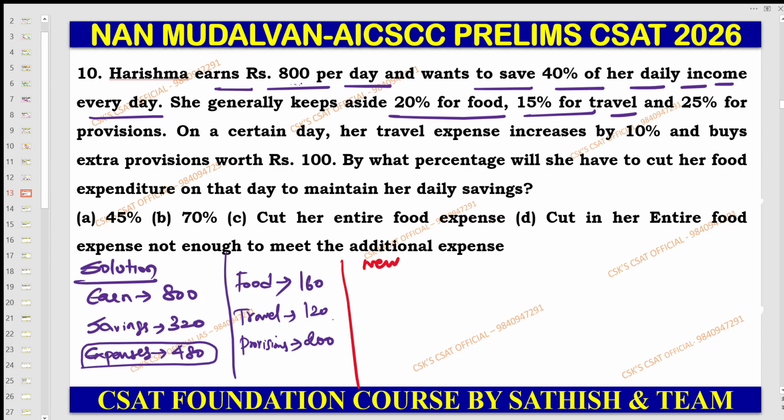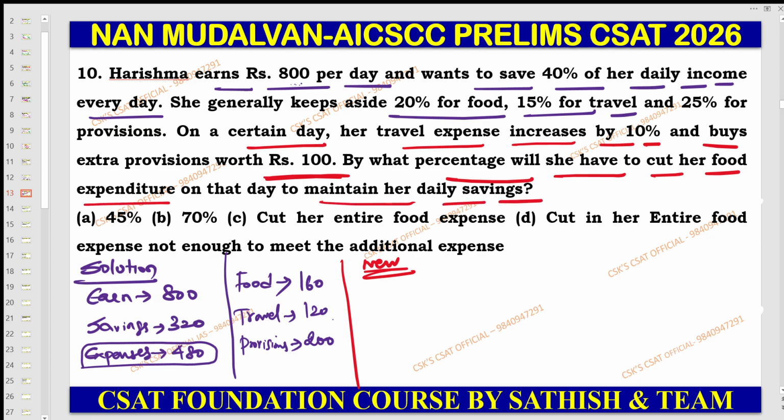Now the new case. Newly what's happening here? Understand the concept here. Read the question carefully. On a certain day, her travel expenses increase by 10% and she buys extra provision worth rupees 100. What percentage will she have to cut her food expenditure on the day in order to maintain her daily savings? So what is the savings? On that particular day, travel increases, extra provision increases.